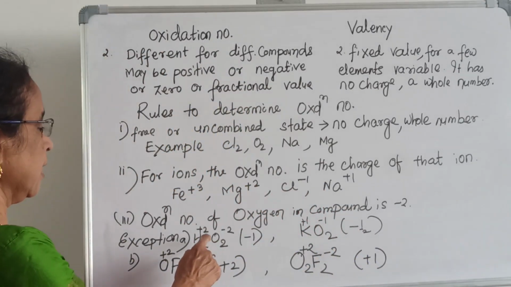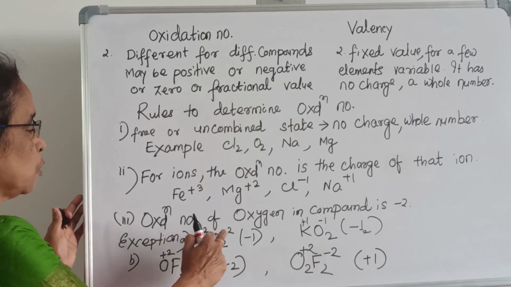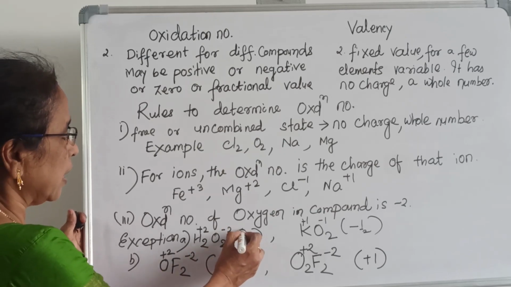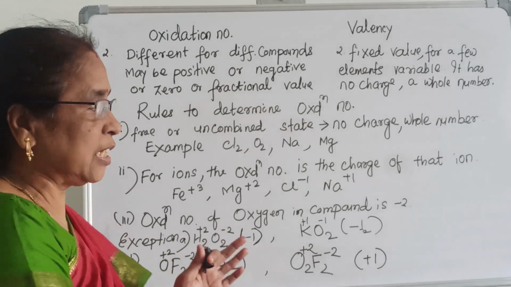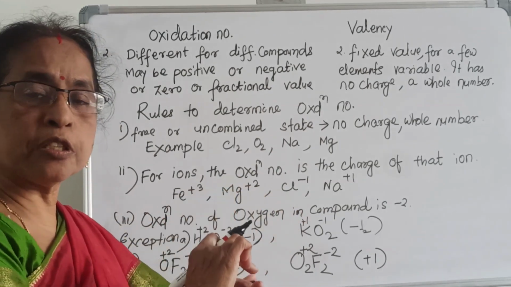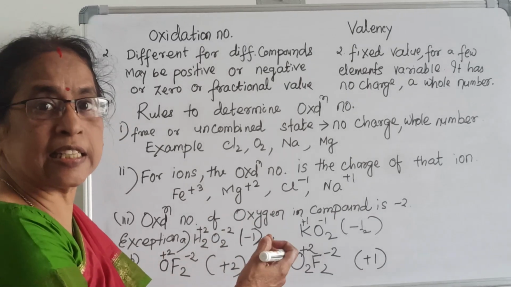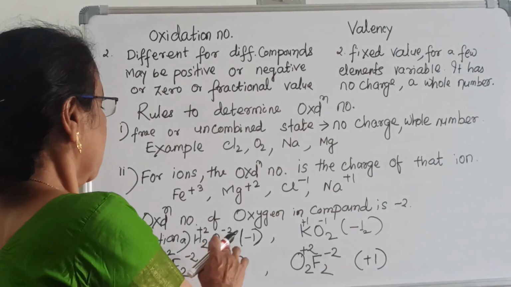Here hydrogen is +1, so +2, so it should be -2 to cancel each other, and here the value is -1 for oxygen. Generally we find the oxidation number of oxygen is -2, but here it is a special exception case, where oxygen is -1.